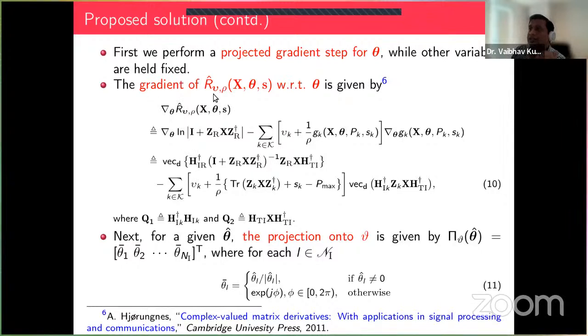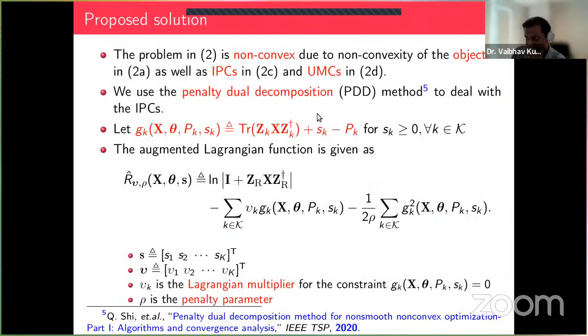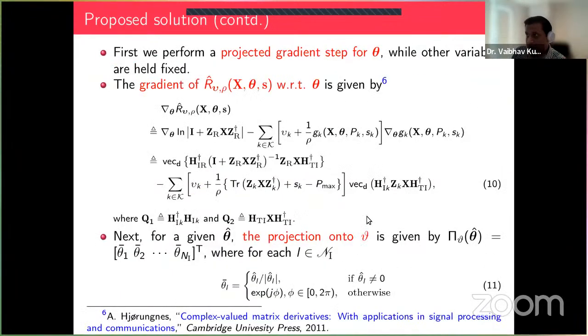We take the gradient of my objective function r hat with respect to theta. Another point here is that r hat is also a function of epsilon and rho. Epsilon is the vector of Lagrange multipliers, rho is the penalty parameter. We will see the meaning of those in a later figure.